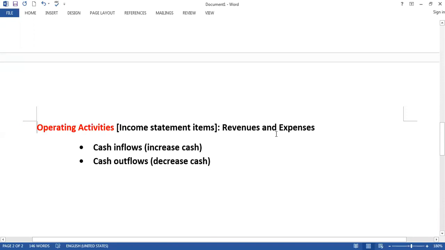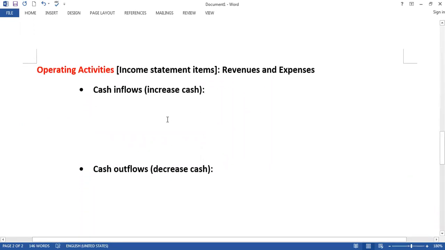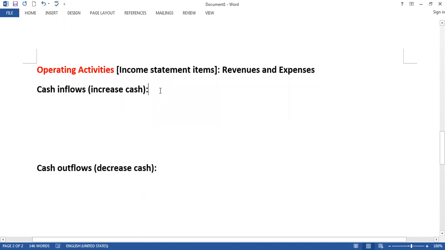So operating activities are the income statement items, revenue and expense, and we have cash inflows and we have cash outflows. Now let's see the examples of cash inflows and cash outflows.